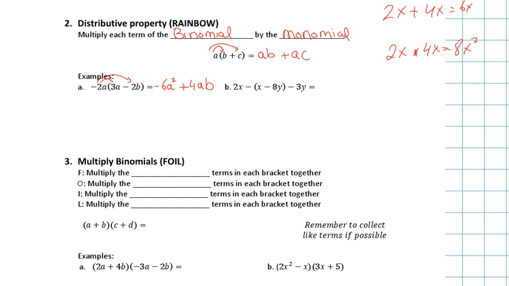Good. So I have 2x minus, open bracket, x minus 8y, close bracket, minus 3y. What do I do? Multiply the negative sign inside the bracket. That's right. So if you look right here, that 2x is subtract, so you do 2x minus. That 2x is not multiplied by this.